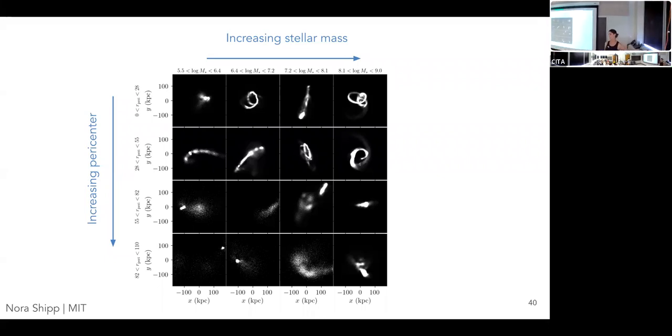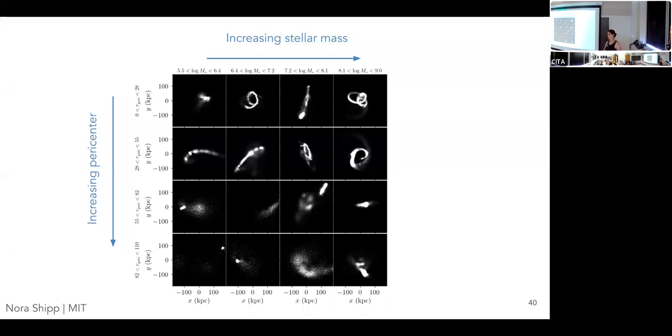Is the clumping of the material along some of these tails physical or a numerical artifact? Some of it is from how we do the mock observations, where we're sampling.